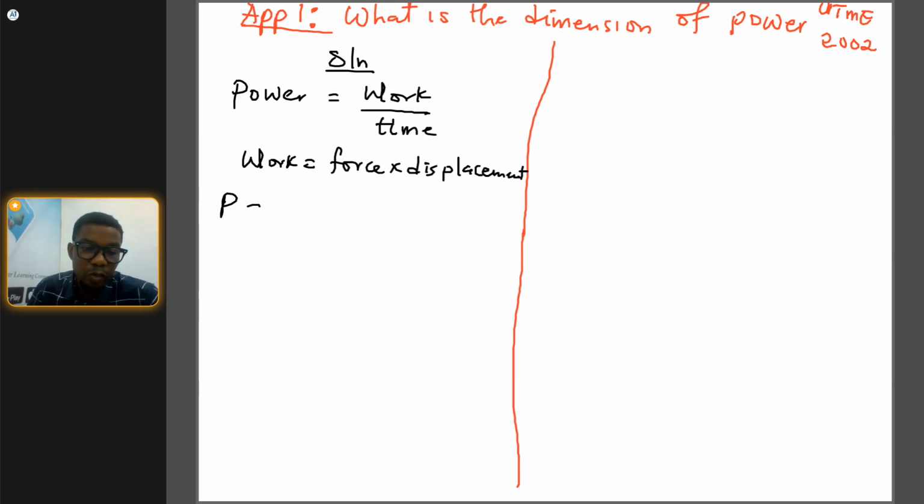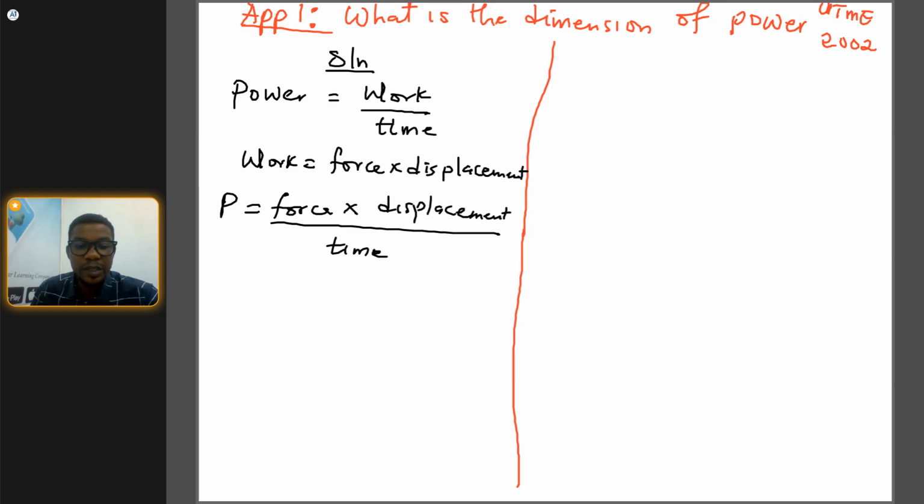So now power equals, I'm changing the value of work to force times displacement, force multiplied by displacement, all right, then over time.